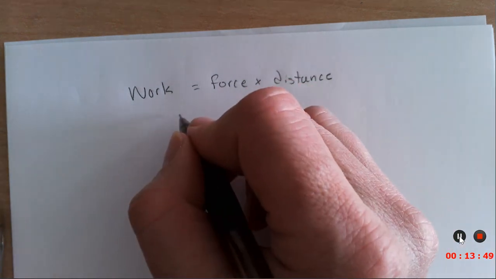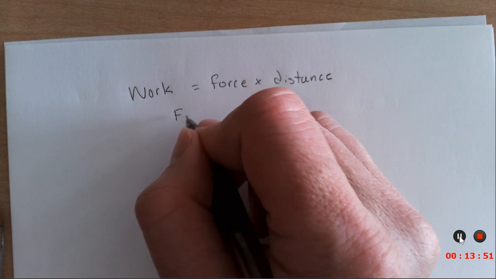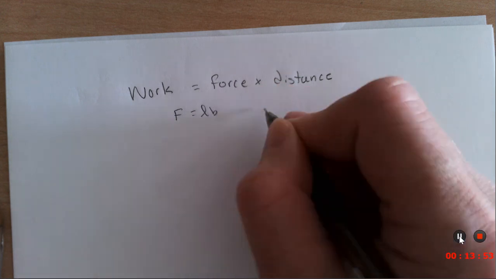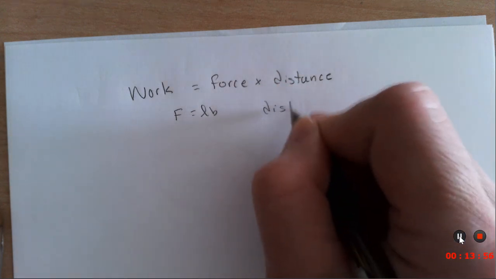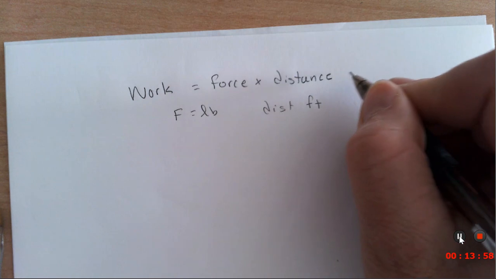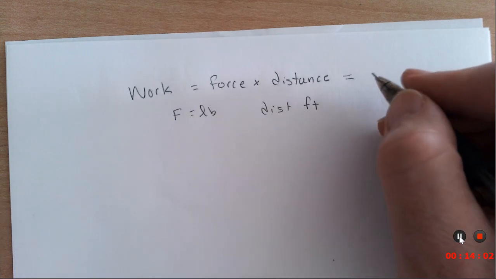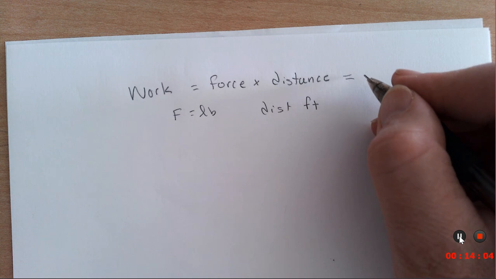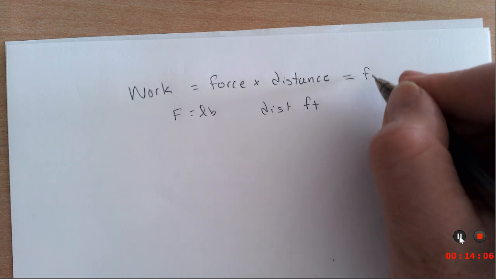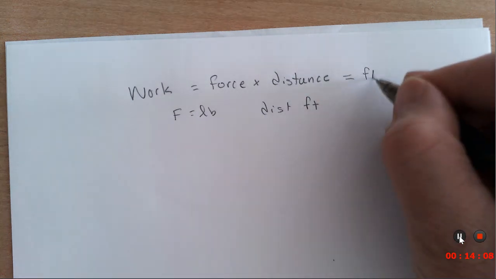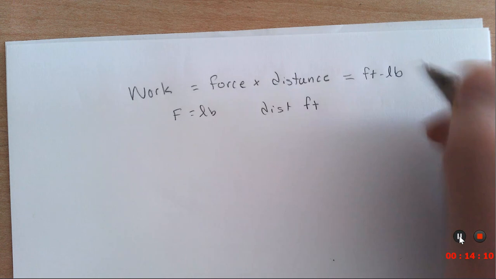So if we measure force in pounds and distance in feet, then the units of work in the English system, not metric, are going to be pounds times feet, so foot-pounds.